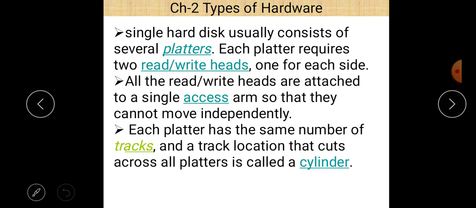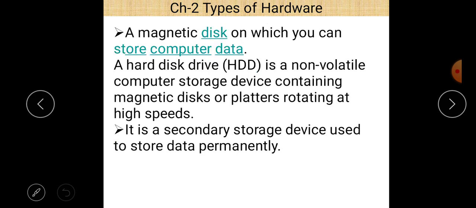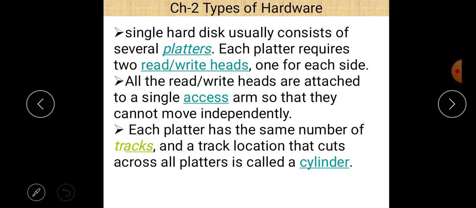Now again let us revise the key points. First of all, a hard disk is a magnetic disk, and it is non-volatile memory. It means we can store the data permanently in the hard disk, and it is a secondary storage device used to store data permanently. A single hard disk usually consists of several platters, meaning disks, and each platter requires two read write heads.